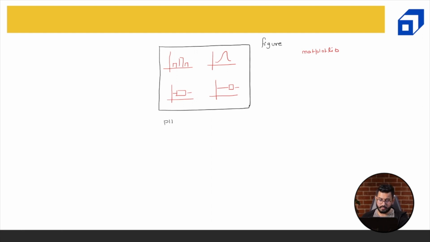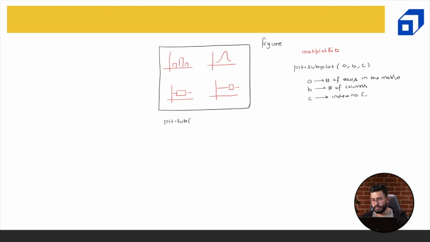So plt.subplot takes 3 inputs, a, b, c, where a is the number of rows in the matrix, b is the number of columns, and c is the index number or the plot number.